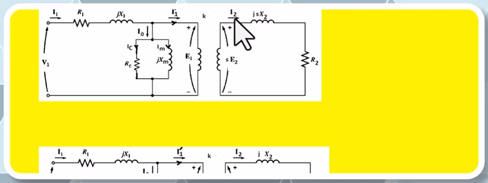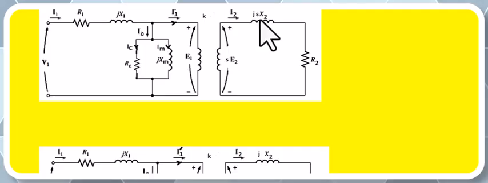I2 is the rotor current per phase, and X2 is the reactance of the rotor winding per phase, and once it is multiplied with S, then it is called the reactance of the rotor per phase under running conditions, and R2 is the rotor resistance per phase.